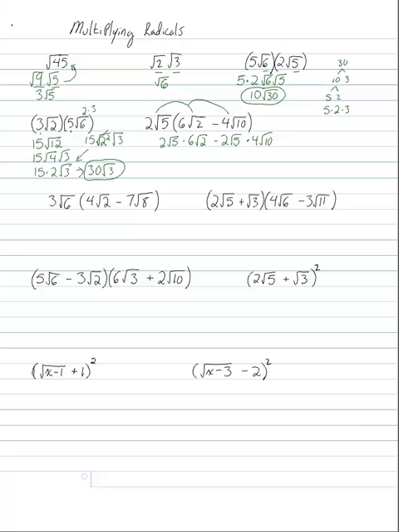So the first thing should give me 12 square roots of 10. The second one should give me 8 square roots of 50. Square root of 50 I can rewrite as 25 times 2. So square root of 25, square root of 2. 8 still on the outside.